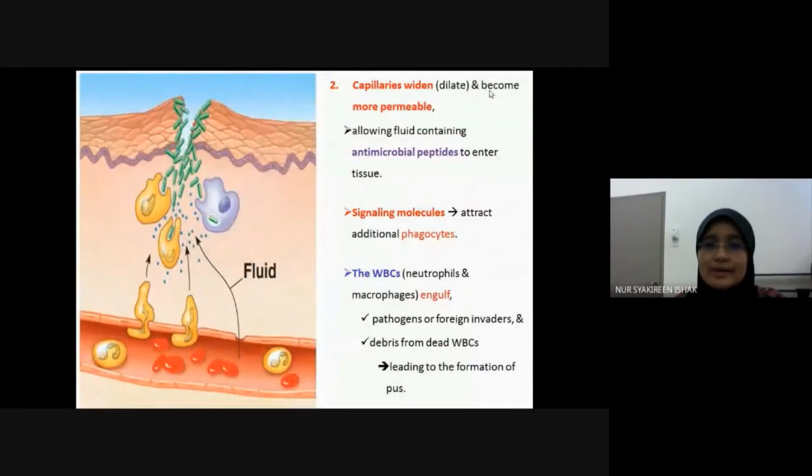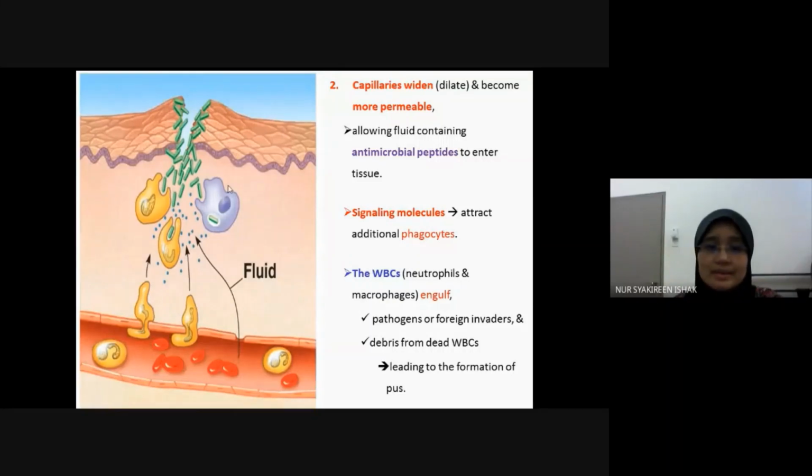So blood capillaries dilate, become more permeable, allowing fluid containing antimicrobial peptides to enter into tissues. Ini yang tadi lah, dalam second line defense yang nombor 3 tadi. Signaling molecules attract additional phagocytes.